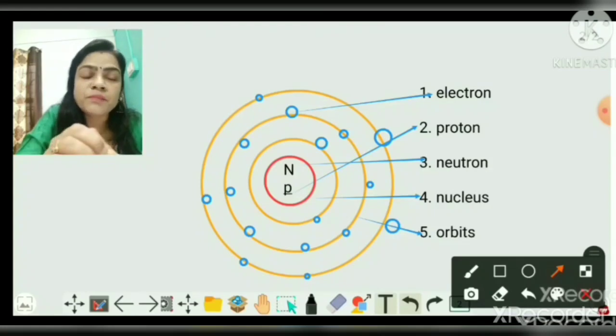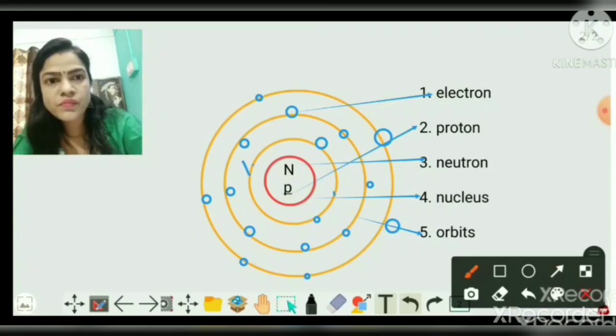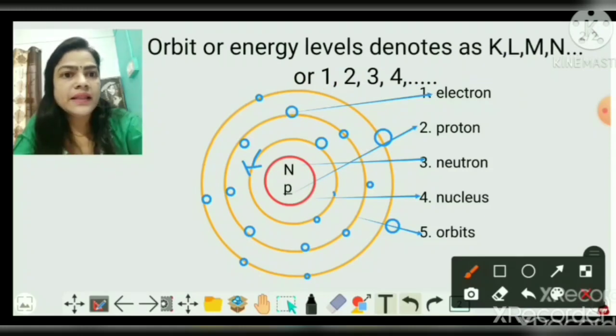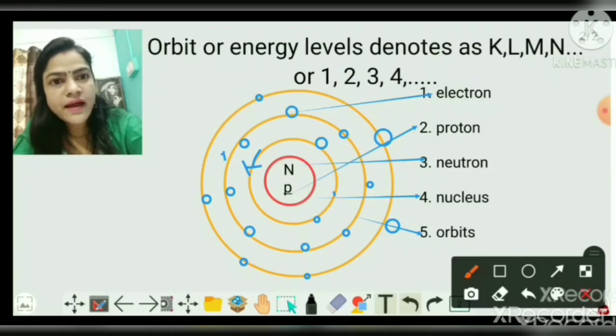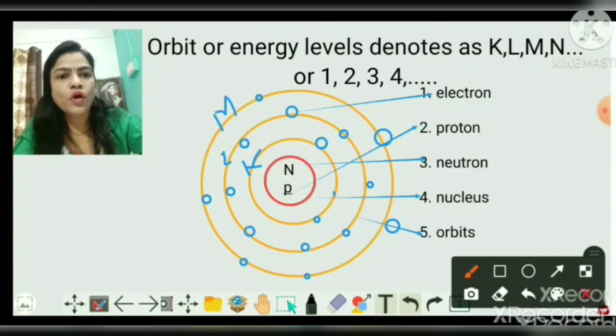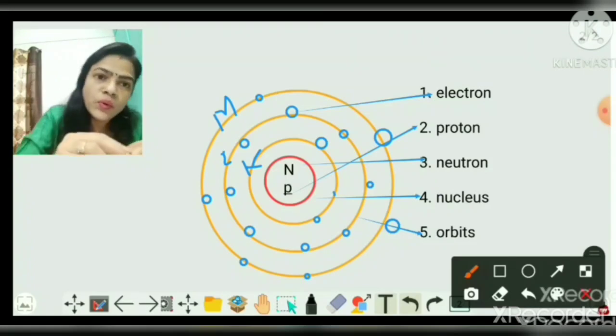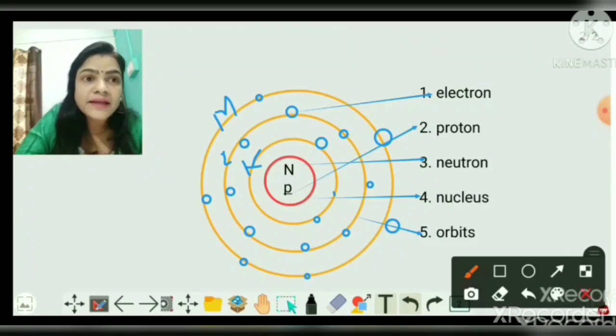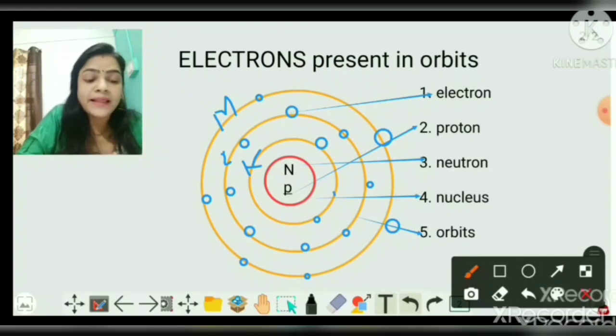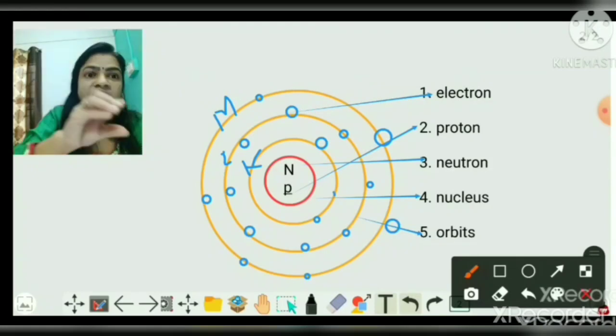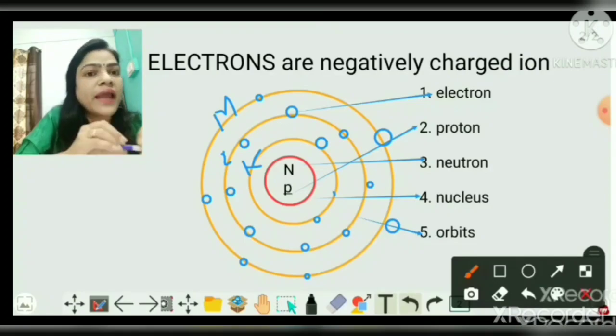We can denote them K, second circle L, M, and so on: K, L, M, N. And we can say like this: 1, 2, 3, 4. Now, the last particle of any atom is the electron. The electron is present in every orbit and every shell of an atom.